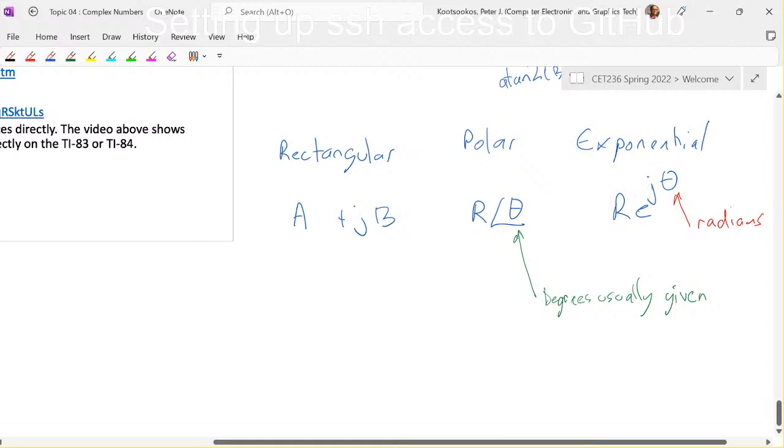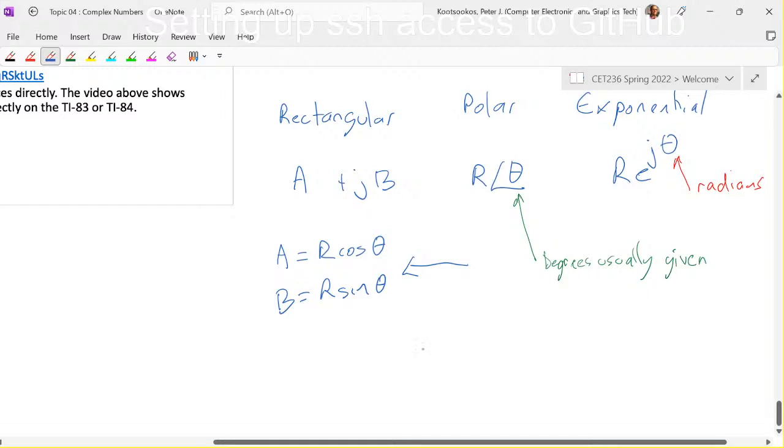So then, to convert this way, we need that A equals R cosine theta and B equals R sine theta.